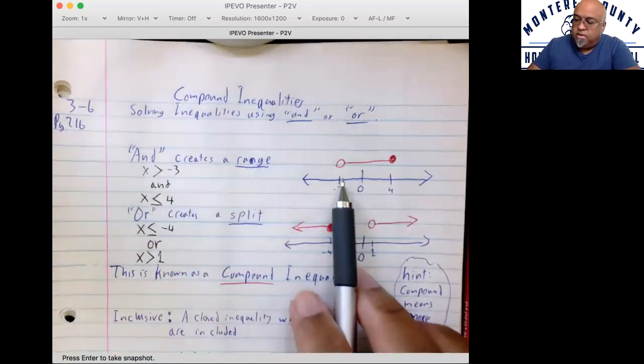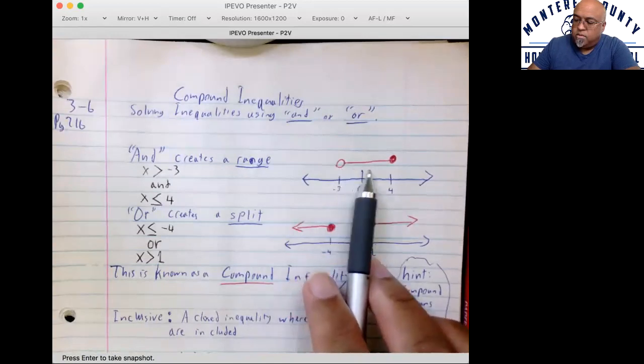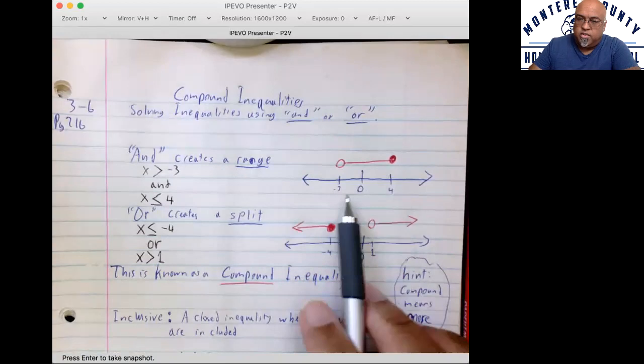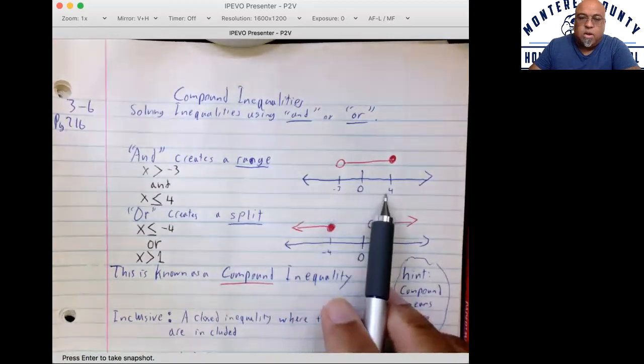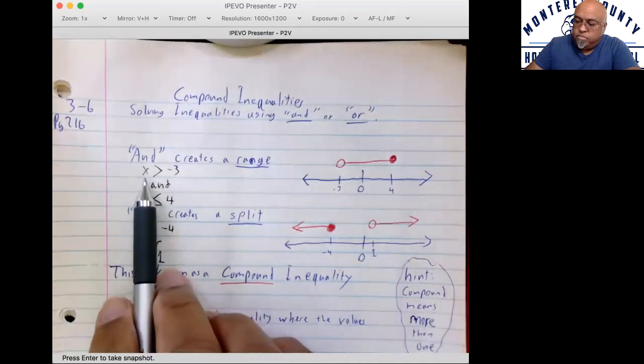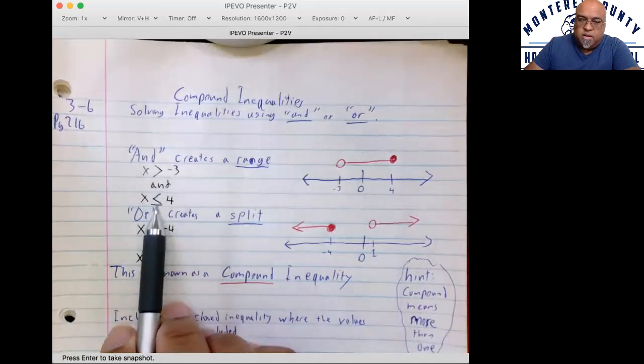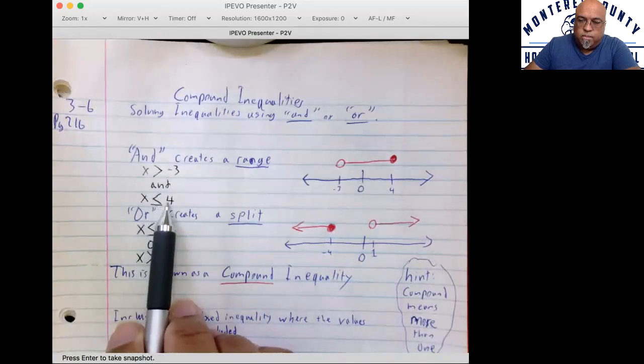So when you graph it, what you're going to see is there's a range from one point on the number line to another. In this case, from -3 to +4. Let me explain. Here's my inequality statement: X is greater than -3 and X is less than or equal to 4.